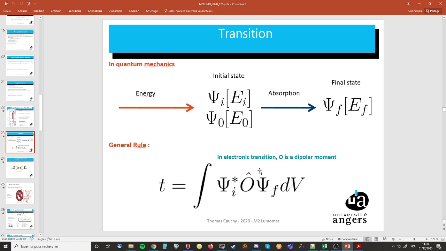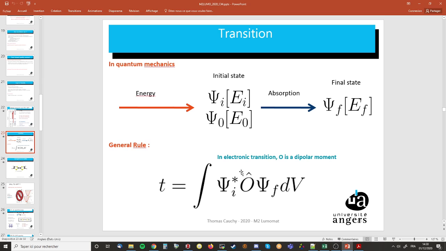If we consider that the electronic reorganization is not too much, but if you want to be more general, psi i is the whole wave function of the ground state. Psi f is the whole wave function of the excited states.